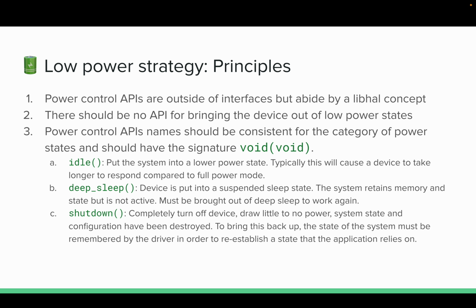We do all these different configurations for what the user specified at construction or at some configuration point. If we only had idle and deep sleep, you would not need to record the information to make shutdown work. But if you want shutdown to work, you would need to reestablish those such that the other operations can work. And I'll talk about why this is kind of an important thing in a little bit.